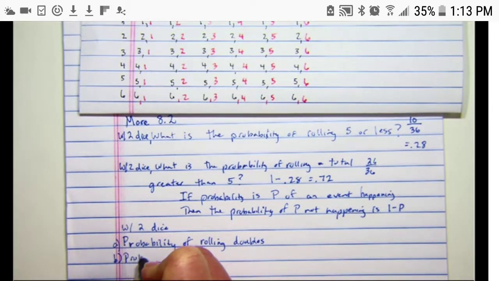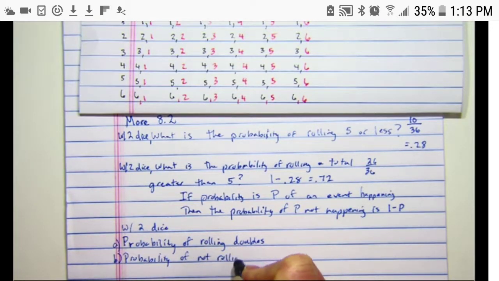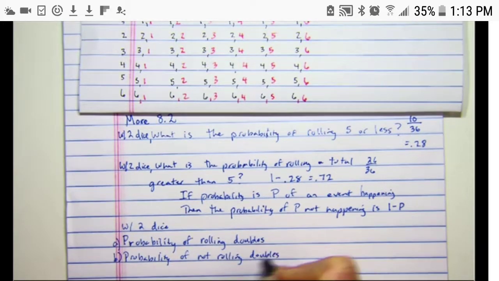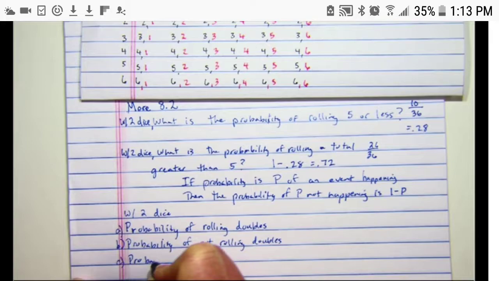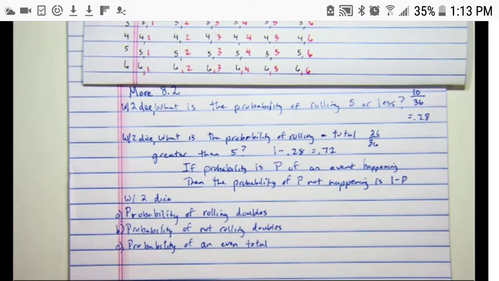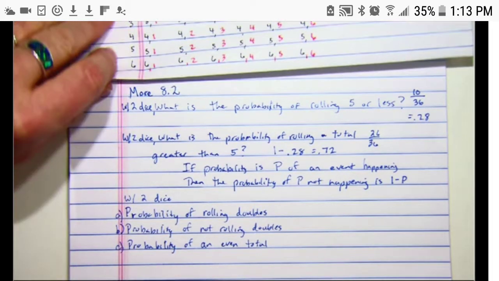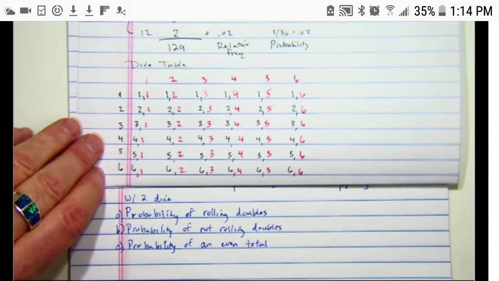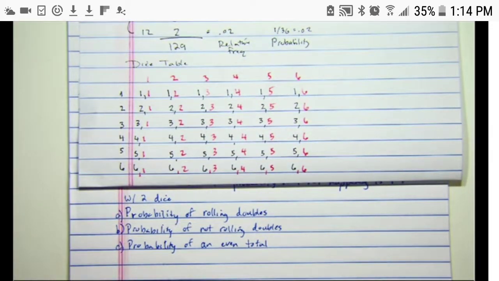Find the probability of not rolling doubles. And here's another one. Find the probability of an even total, like 2 or 8 or some other even value. So you can use the chart there. You can go ahead and find which out of the 36 possible equally likely outcomes fit A, B, or C, and see how you do with that, and then we'll compare.